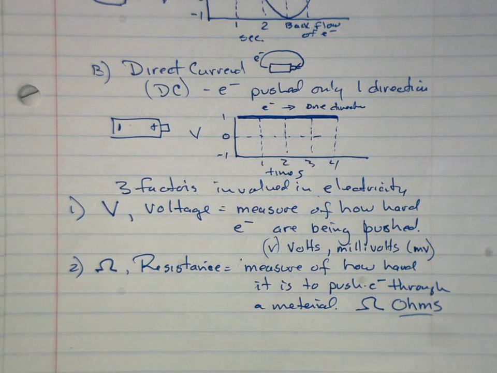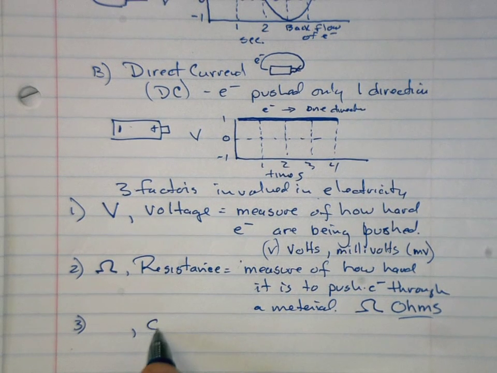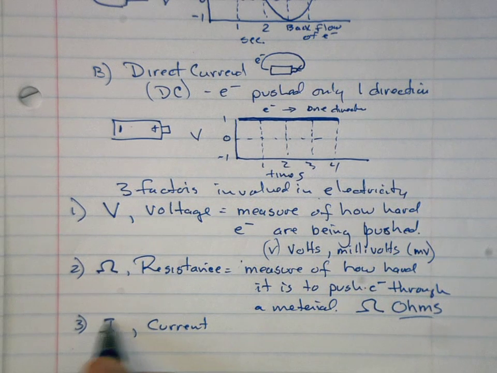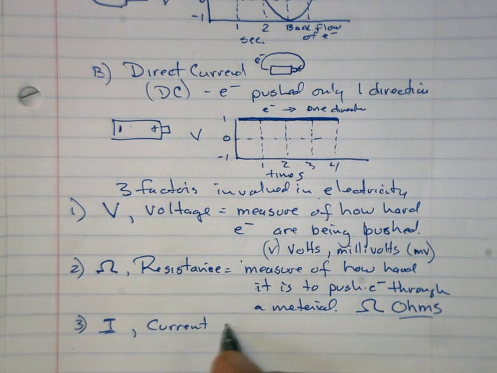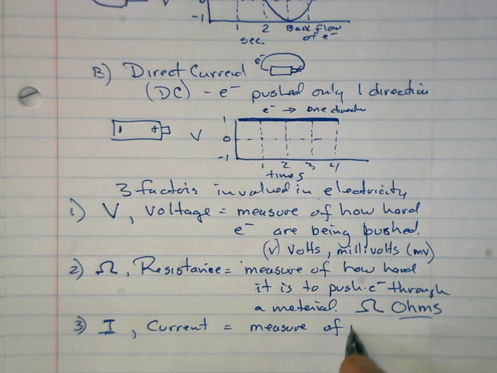We're almost done here. I think you're going to like this last one. The last one is current, and the symbol is I. And this is a measure of how many electrons are flowing through a material.